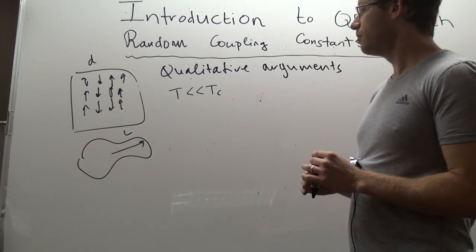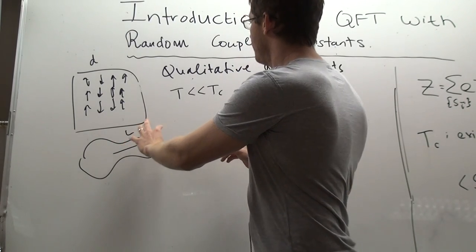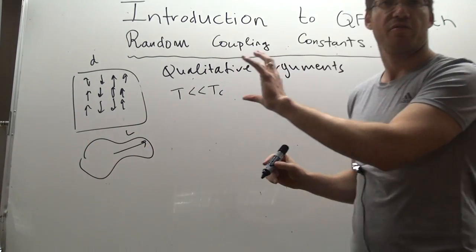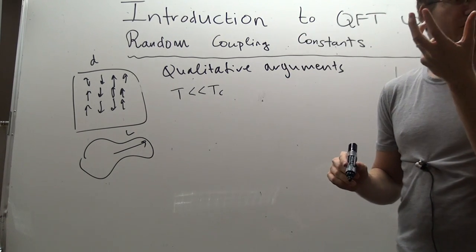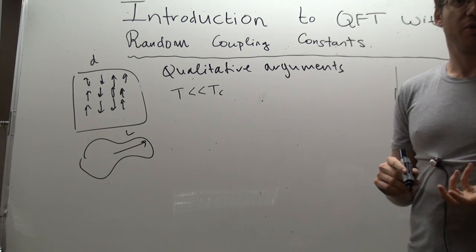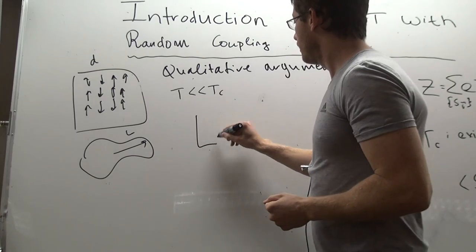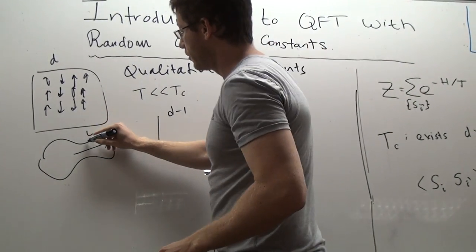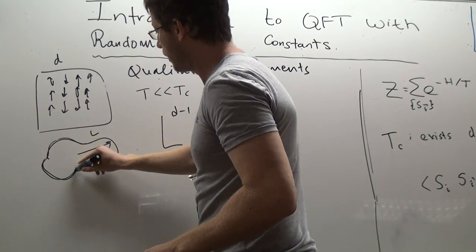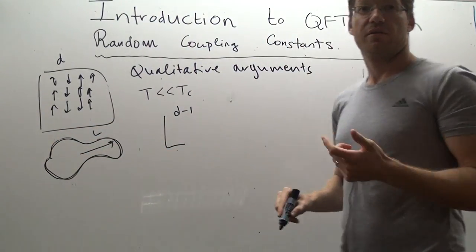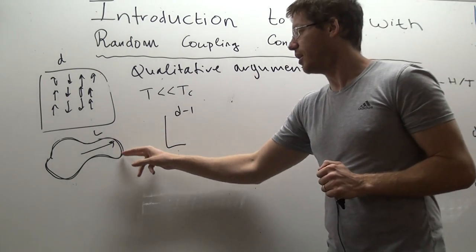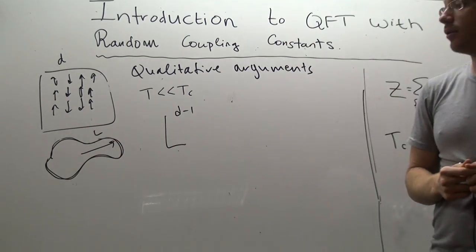Usually you would say that there is this region of size L, and suppose all the spins in that region would want to flip sign. How much energy would that cost? That would cost L to the power d minus 1, just because there are nearest neighbor interactions all over the boundary of that region, and flipping all the spins would cost you an energy which is proportional to the area of that region.